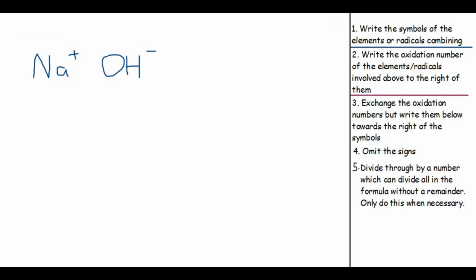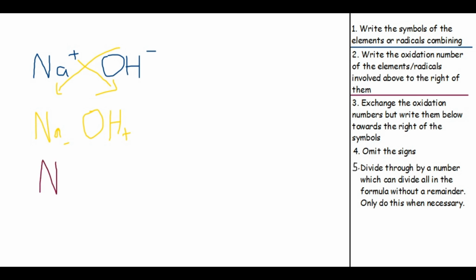So next, we are going to exchange the oxidation numbers. So this will come here and this will come here. And we'll have something like this. And next, we are going to omit the signs.